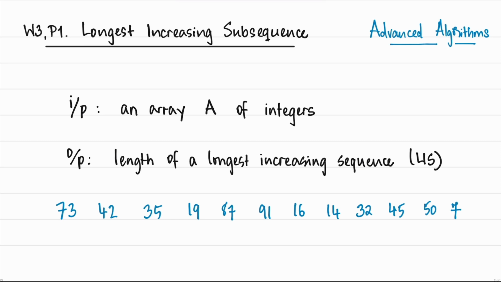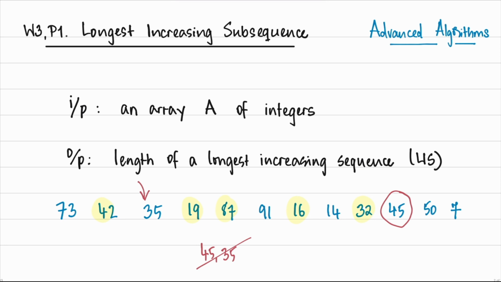Okay, so this is an array of numbers, and what is a subsequence? It's basically pulling out some numbers from the original sequence in the order in which they appear. Okay, so for example, 45 35 is not a subsequence because we have 45 here, but then 35 comes before it, not after it.